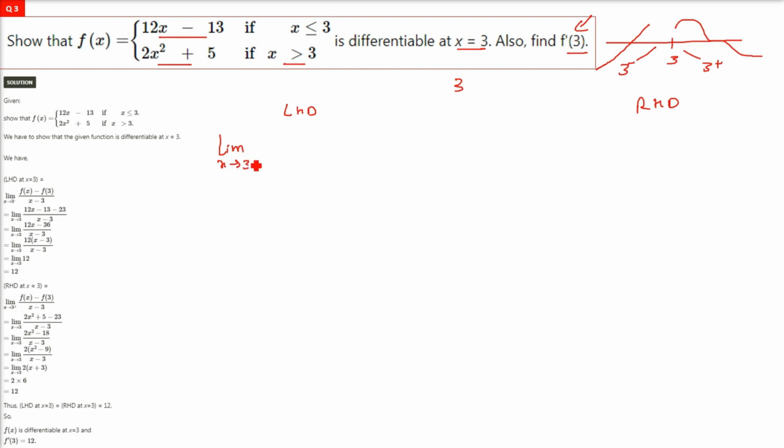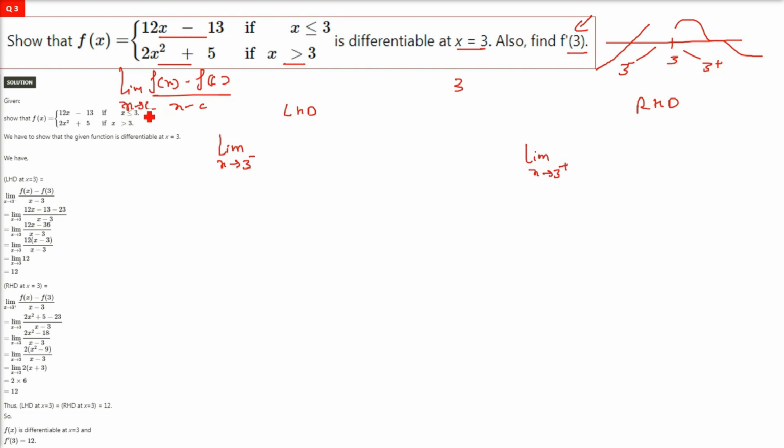So you have limit x tends to 3 minus, so you are going just backwards than 3. You are moving just forward to 3, that is x tends to 3 plus. So how do we check the differentiability? (f(x) minus f(c))/(x minus c), limit x tends to c.